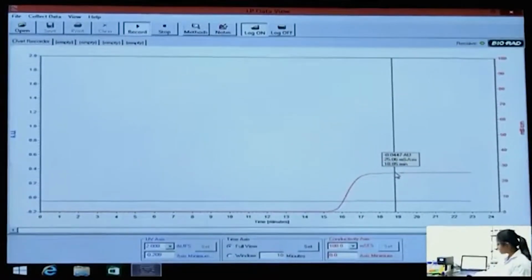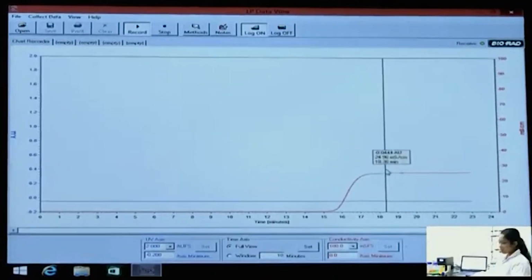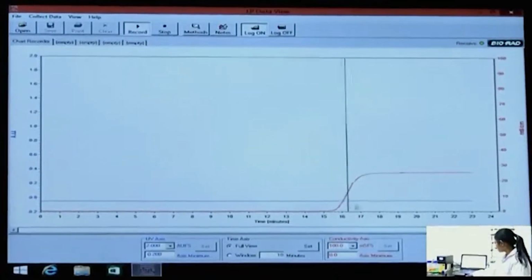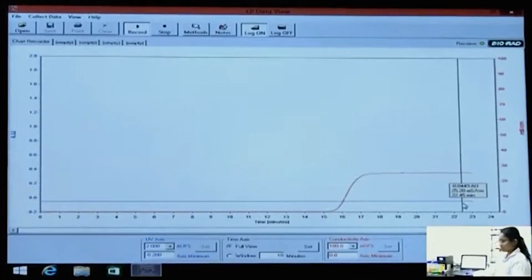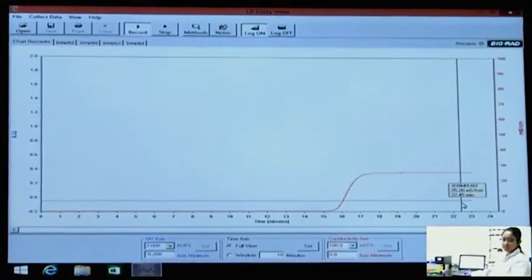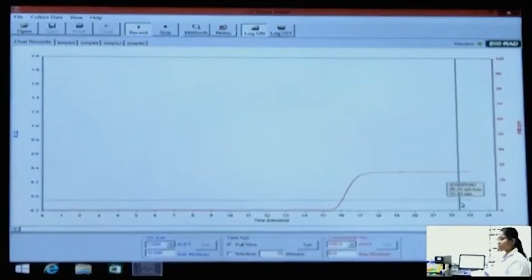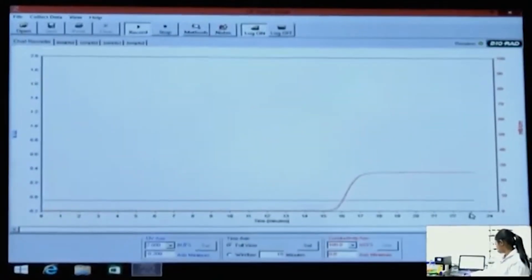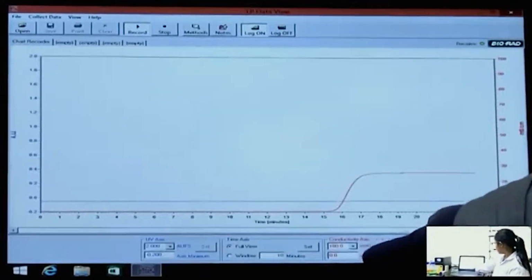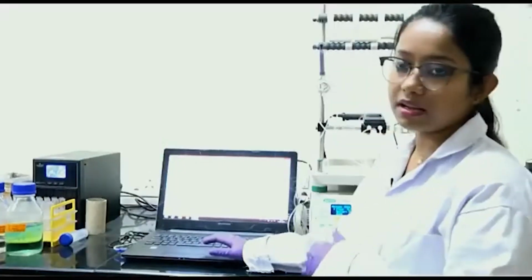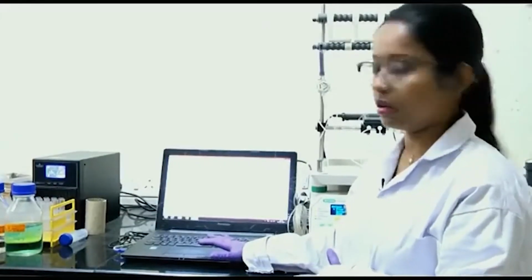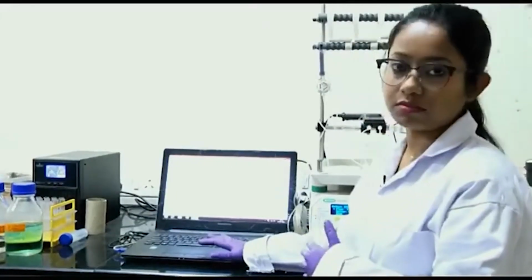The blue line is constant, like water, because in the buffer there is no protein or anything which absorbs at 280 nanometers. So, there is no change, and these two lines are flat. Basically, my column is now stabilized in the particular buffer and is ready to be loaded with the sample.